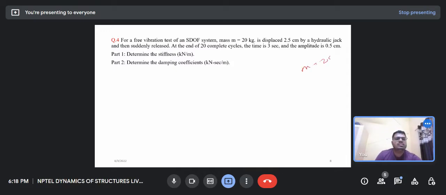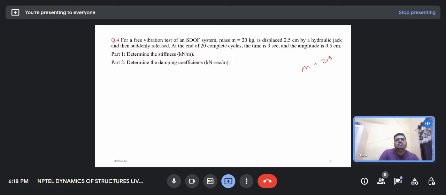So you have been given the mass 20 kg, and the system is displaced by 2.5 centimeter by the hydraulic jack and then suddenly released, and at 20 complete cycles the time is 3 seconds. The initial amplitude is 2.5 centimeter, and after 20 cycles the amplitude is 0.5 centimeter, and the total time is 3 seconds.